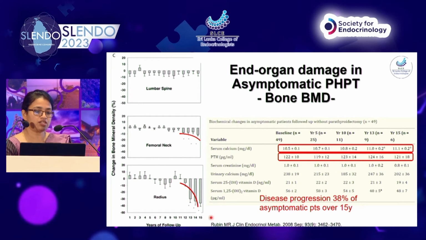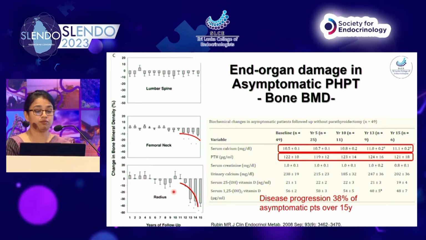And concentrating on the BMDs on DEXA scan, lumbar spine BMD had been relatively stable, whereas femoral neck BMD and, markedly, the distal 1/3 of the radius BMD had declined over time, especially towards the latter part of this study, where the decline had been more marked.